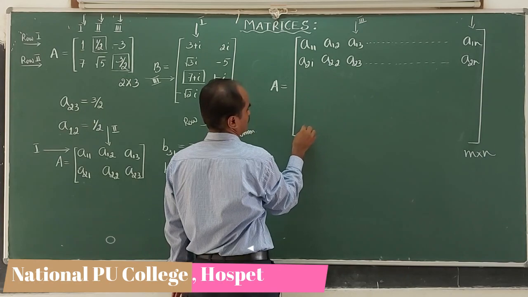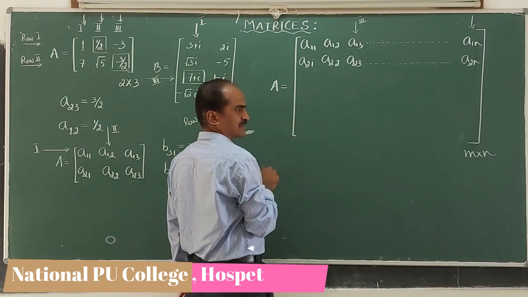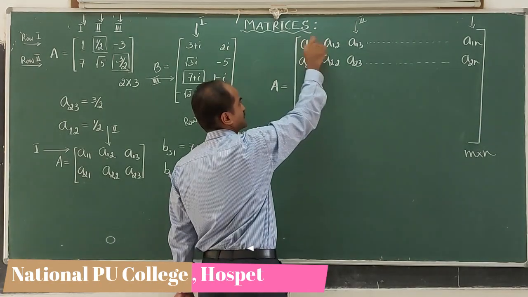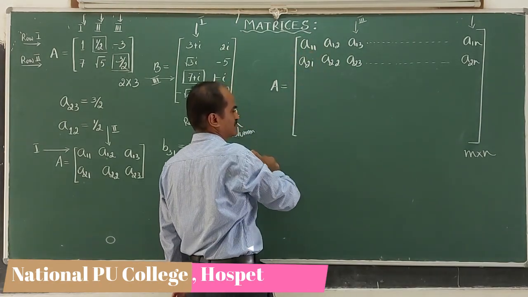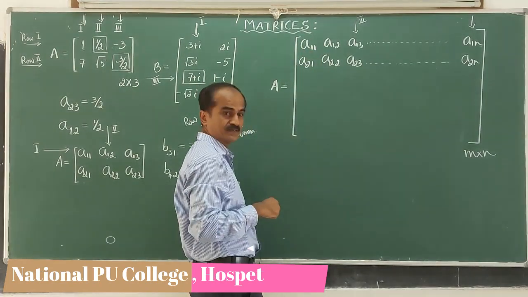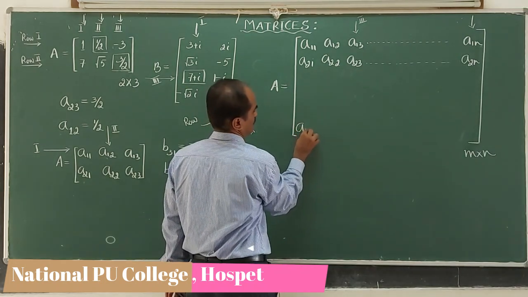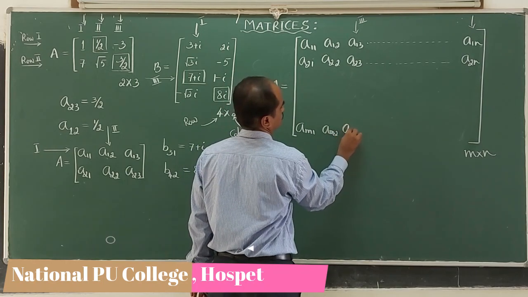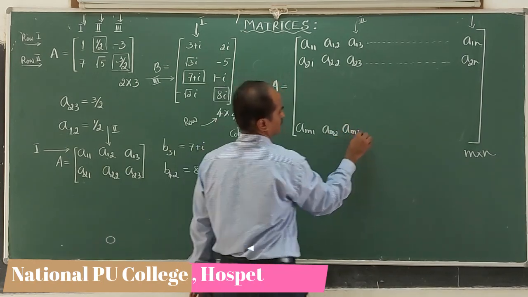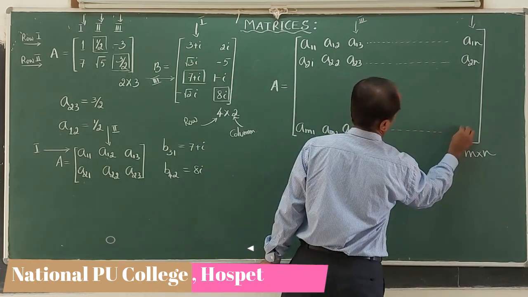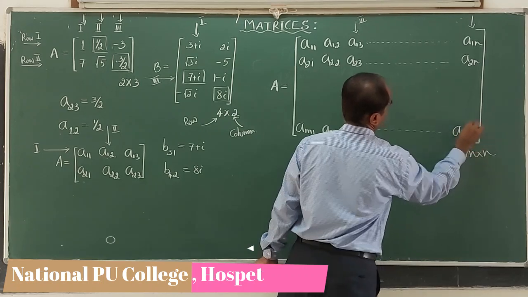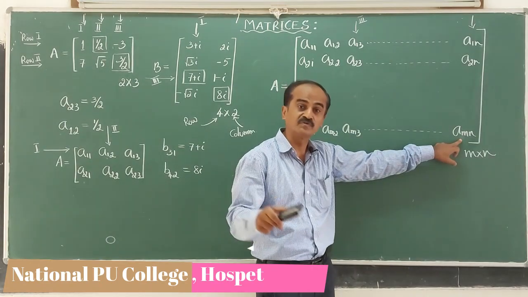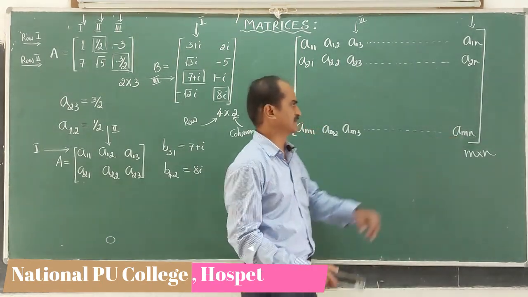Like this. What would be the last row elements? Which is the last row here? Mth row. This is first row, this is second row, third row, like this, mth row, because order of the matrix is m by n. Mth row elements now. It is Am1, Am2, Am3. What about the last element? Amn. Element of the matrix present in mth row, nth column, Amn.